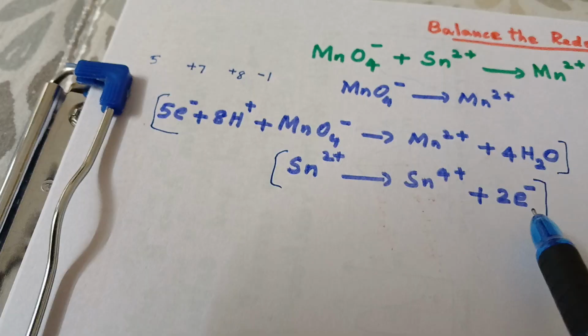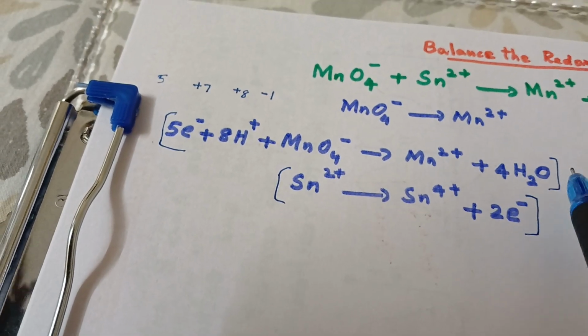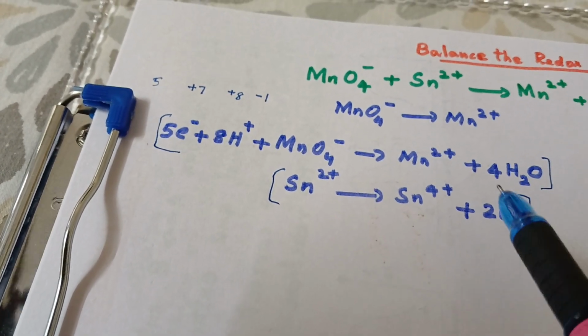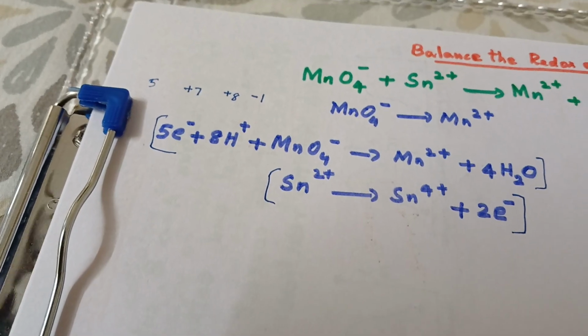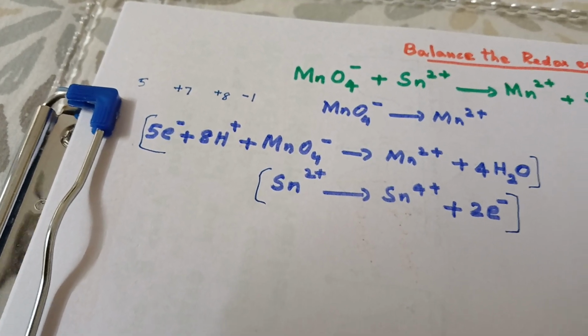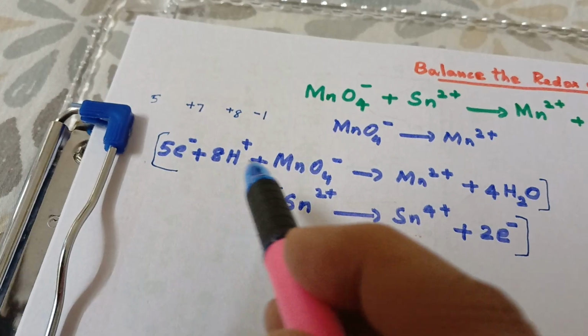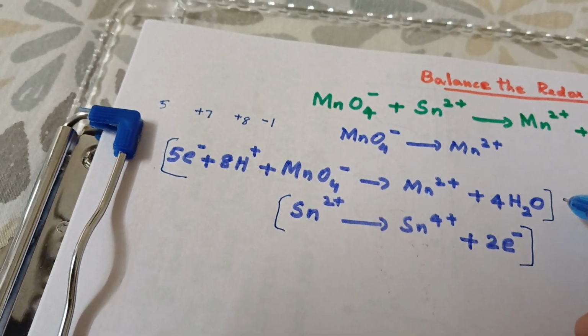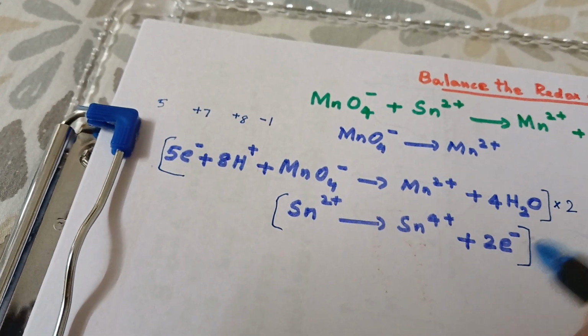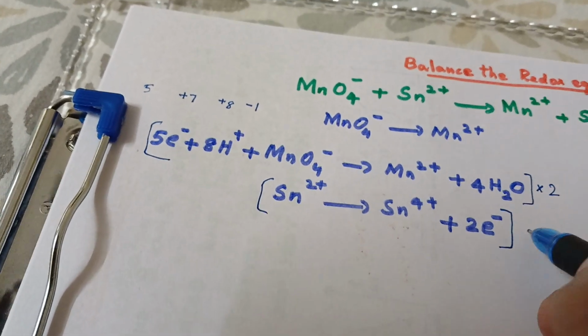So in order to remove these electrons, if we make the number of electrons the same, we can cancel them out. Okay, so let us multiply the first equation by 2 and the second equation by 5.